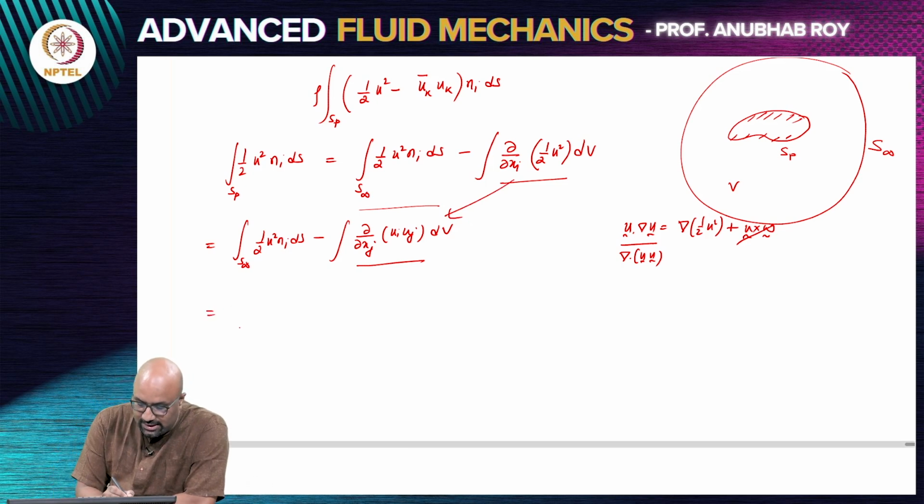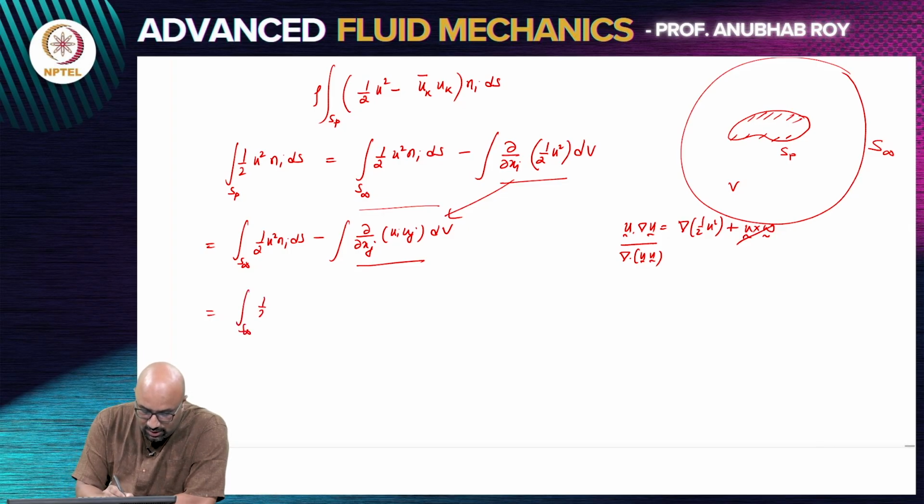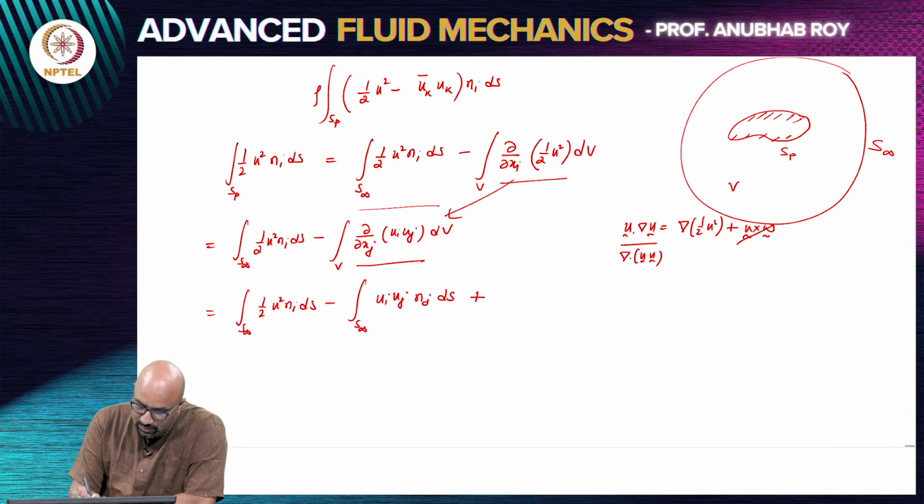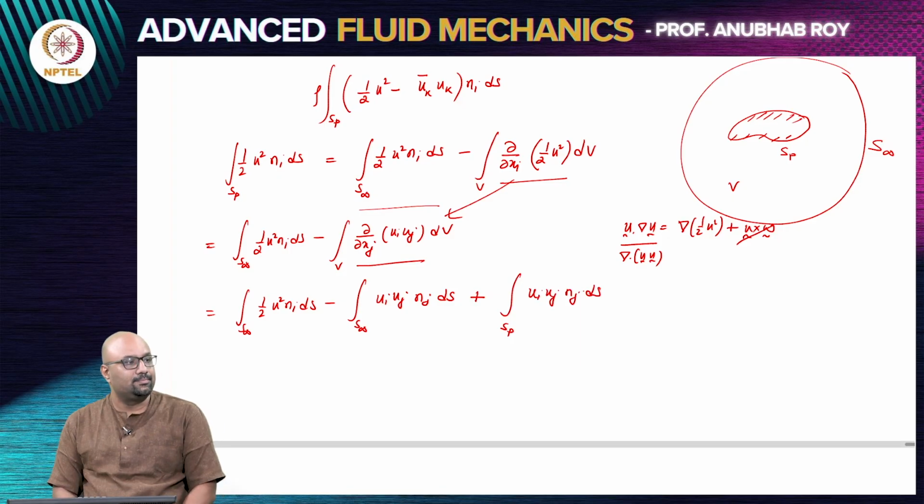Now you once again apply the divergence theorem. So now you are applying it the other direction, converting a volume integral to a surface integral. When you convert the volume integral to a surface integral, this becomes S infinity u_i u_j n_j dS plus S_p u_i u_j n_j dS.